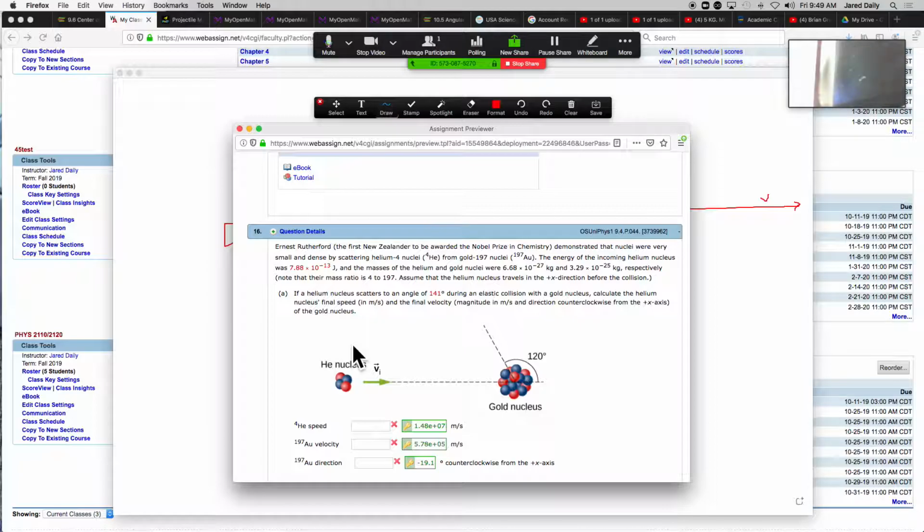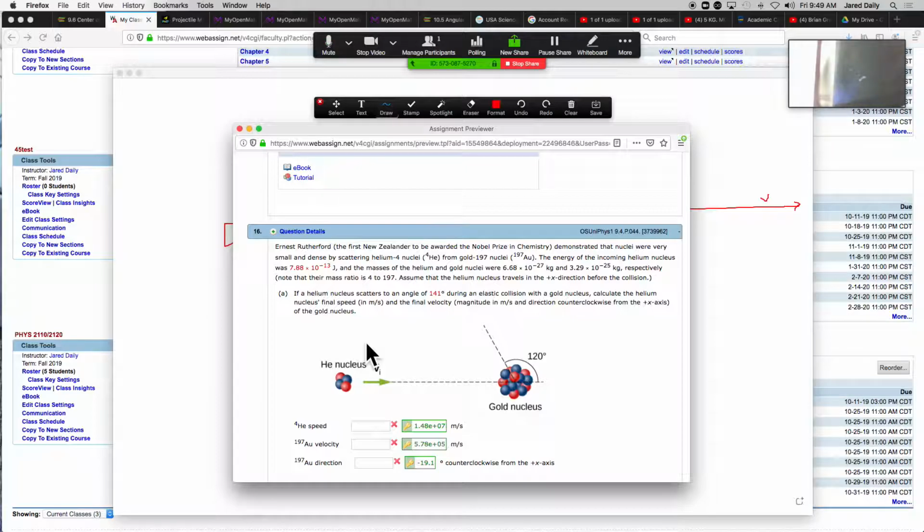What he discovered is that it behaved exactly like the plum pudding model predicted, except in one case. It was actually a student that discovered the one case. For every 1,000 particles that went through, one came almost straight back. So the only real conclusion is that it's mostly empty space except for one really massive thing in the middle, which is positively charged.